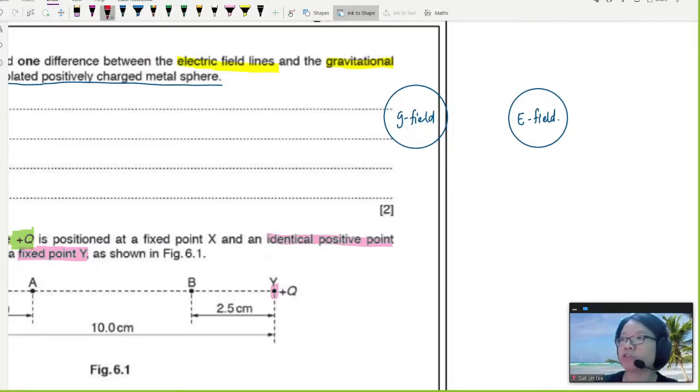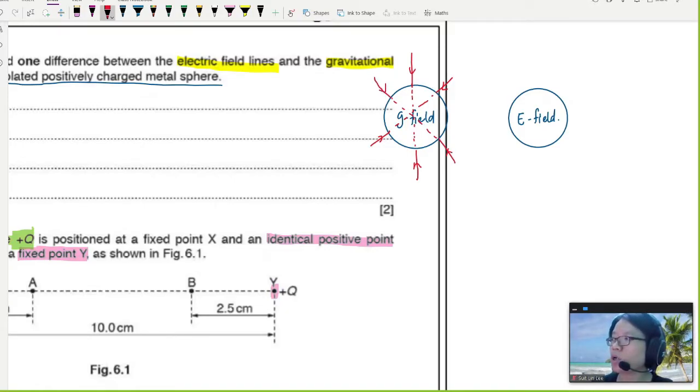So the gravitational field lines are always pointing inwards because the gravitational field is an attractive field. This is the shape or the pattern, all pointing inwards along the radius.